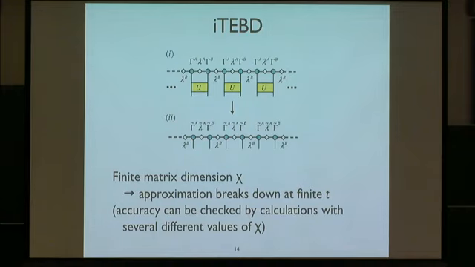Then you can apply this unitary operator to each pair of sites. The resulting state you again represent as a new matrix product state, and you repeat this process. At the next step, you apply the unitary time evolution operator to this pair and this pair, in a staggered way, and then you can approximate the time evolution.